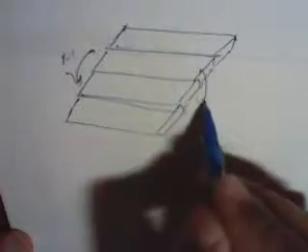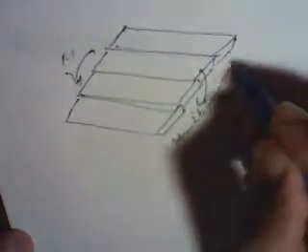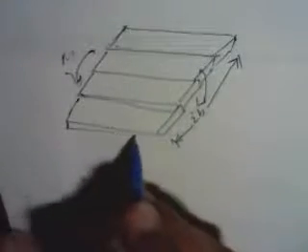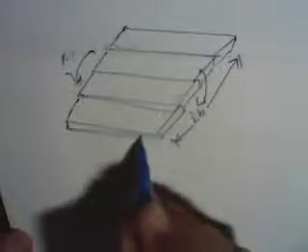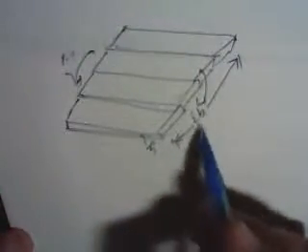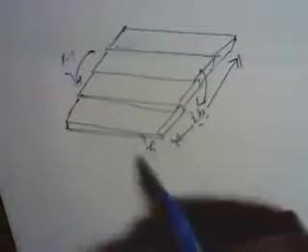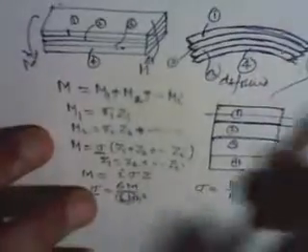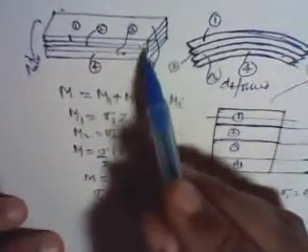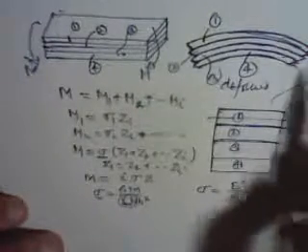If I apply bending moment M like this, this is nothing but i into B and the thickness is H. So whether we calculate stress in a member which has i into B width and H thickness, or we calculate stress in a member where these are placed like this, the width is B and there are i members of H thickness, the stress will remain the same.